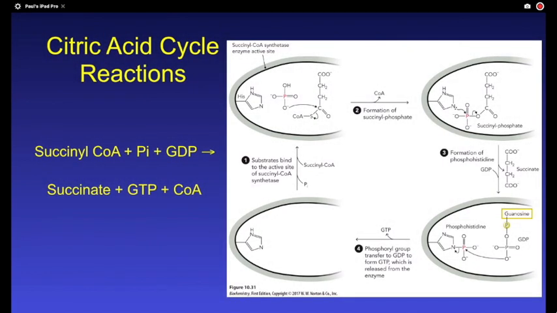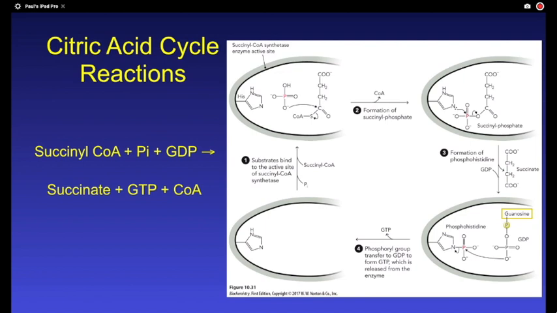Now, in this particular reaction, I'm actually going to show you what really happens. The actual reaction where the phosphate comes in and reacts was exactly how I showed you. CoA falls off. But the next reaction actually has the enzyme as part of the reaction. And the nitrogen of a histidine will attack the phosphorus.